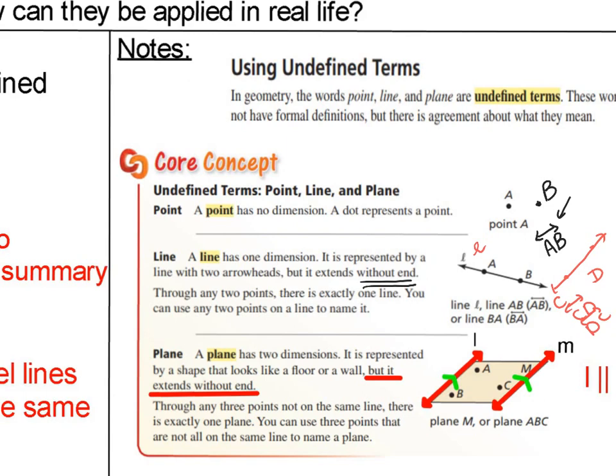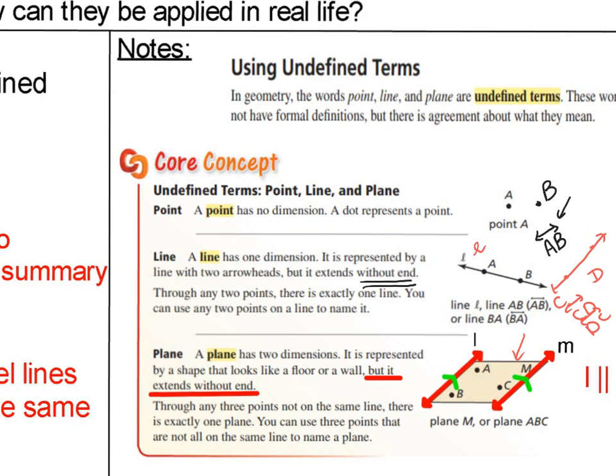When you're first learning about planes, you always see, or students seem to think that planes always look like this rhombus type shape, and that's not always true, okay? So planes can also look like triangles as long as they're flat surfaces, okay? They are flat surfaces that extend forever without end.